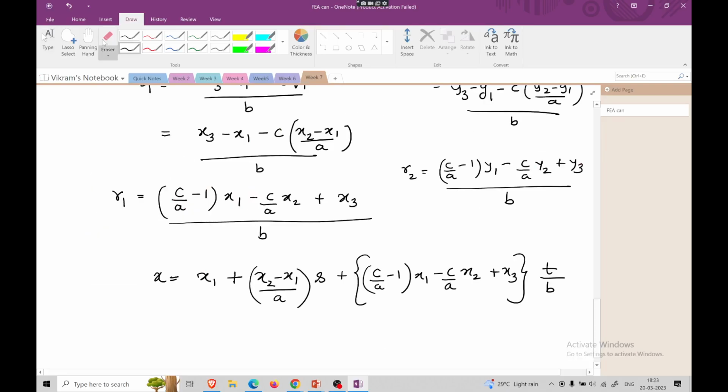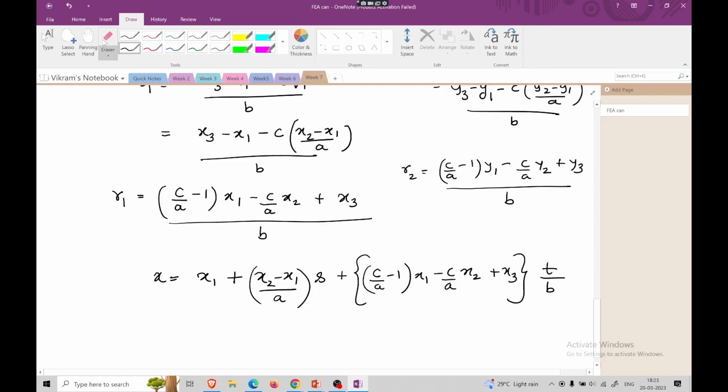So again I will bring this a in the denominator here, by a I will make it, like this. So this is nothing but x as a function of s and t, with constants being x1, x2, x3 and so on.